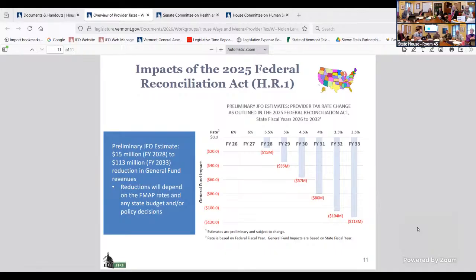There'll probably be some language changes to comply with federal law. But in fiscal year 27, there's nothing you have to do other than be mindful on the appropriation side of any increases in base spending in healthcare fields. And it does look like it is a reduction in federal financial participation if we do not stay within limits.